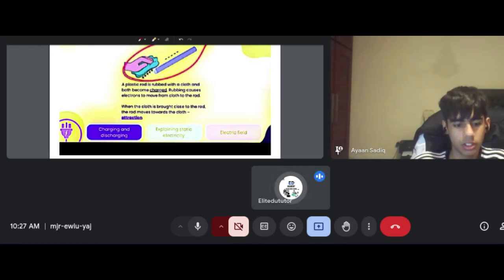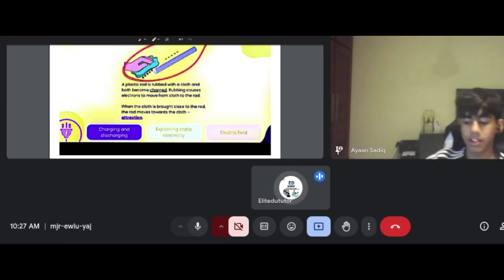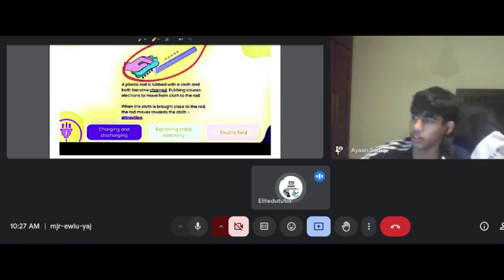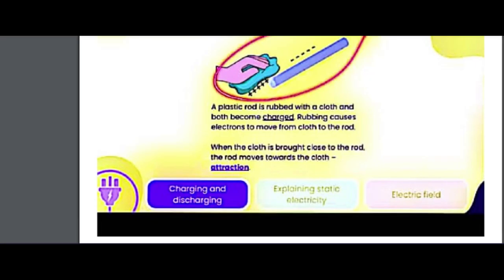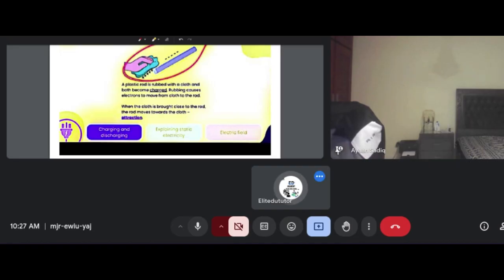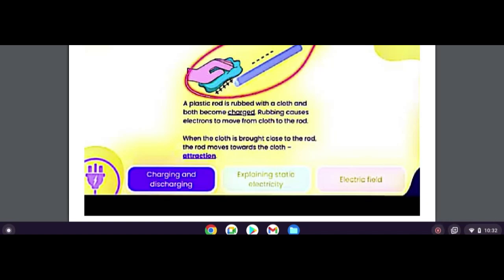Do you have any scale, or can you bring one? Let's do the static electricity practical. Make a few pieces of paper. Now you have the idea about how the charges are distributed, how the charge attracts, and how static electricity is produced.